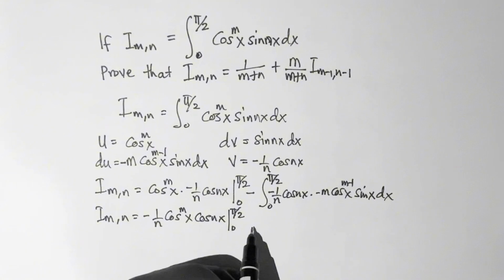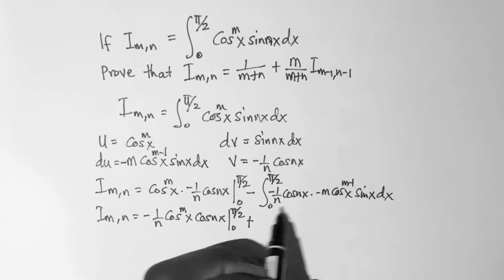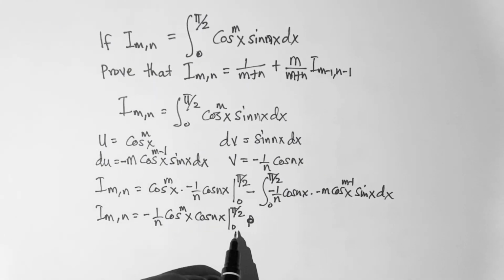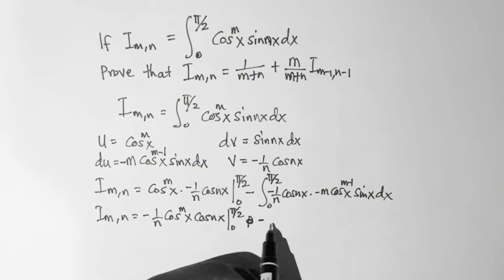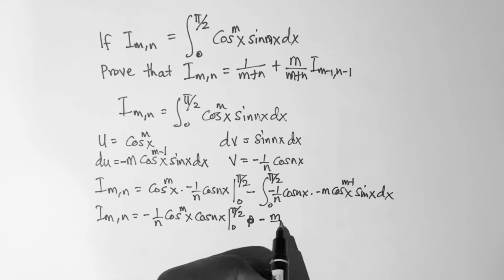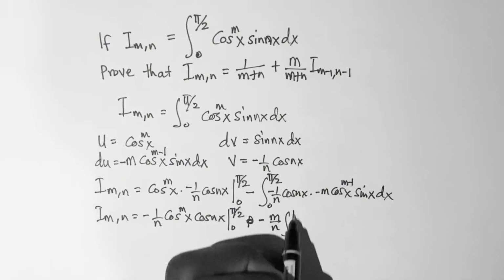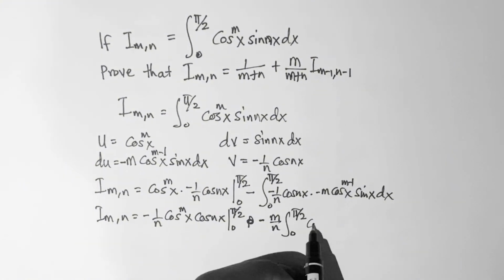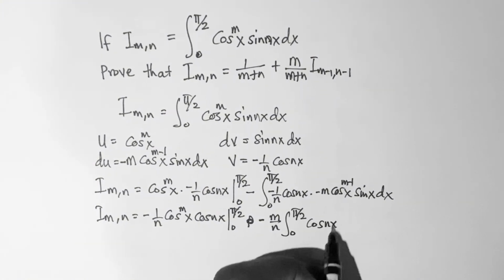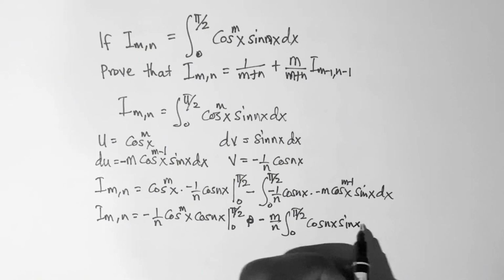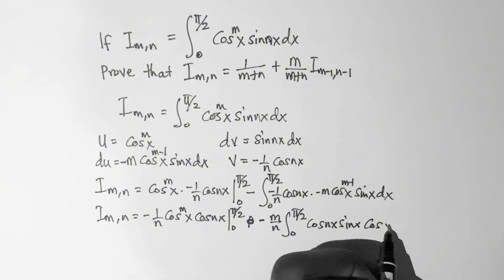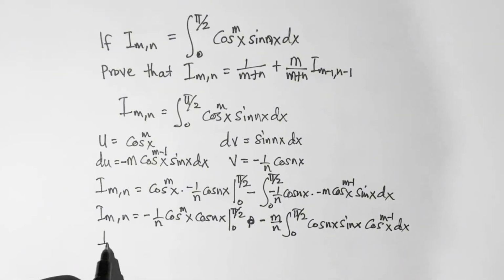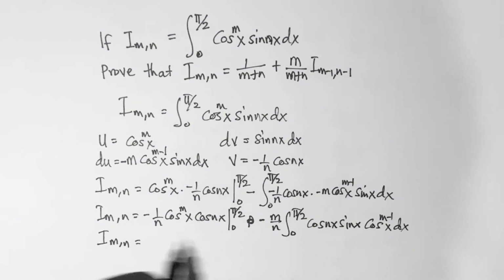Then it becomes plus, but this is a constant and this is also a constant. Sorry, minus times minus is plus, times minus will give us minus. So minus m over n, integral of 0 to pi over 2, so we have sine x times cos nx, so cos nx sine x, then times cos x exponent m minus 1 dx. So I of mn, let's evaluate this.